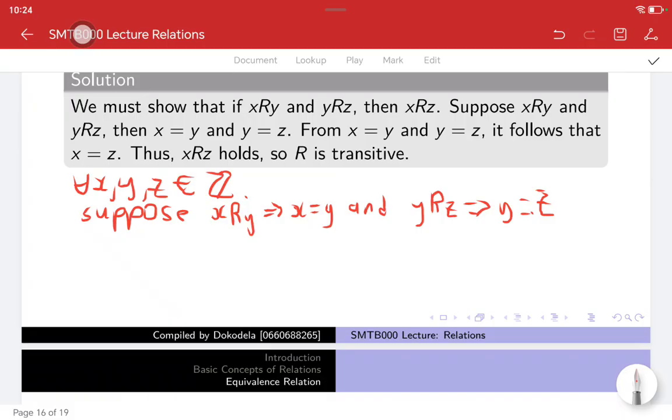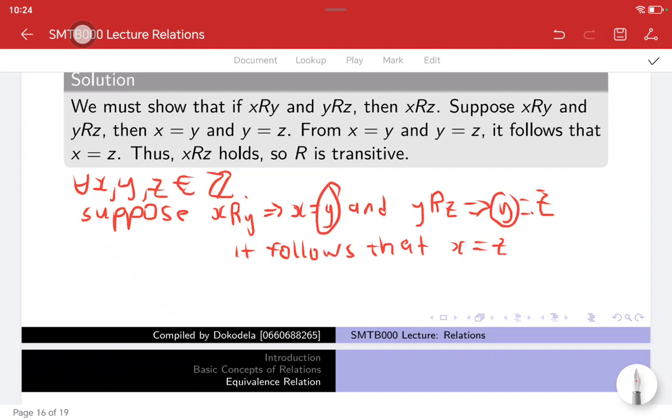You see, right? And here, what we know is that if X is equal to Y and Y is equal to Z, it follows that X will be equal to Z, because I can just combine these two.